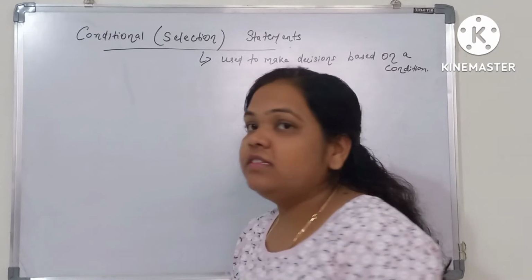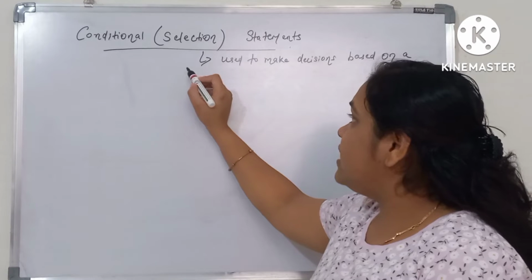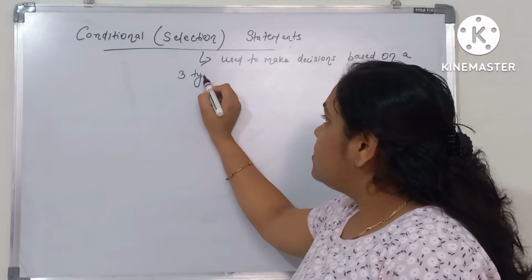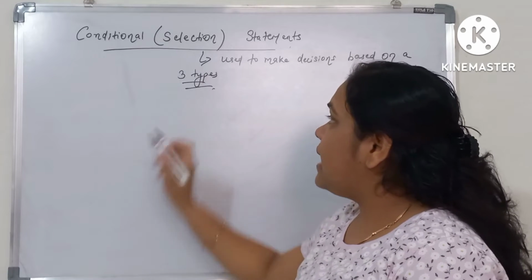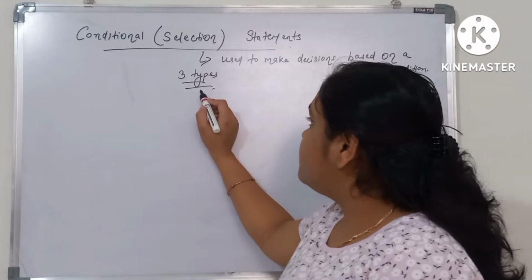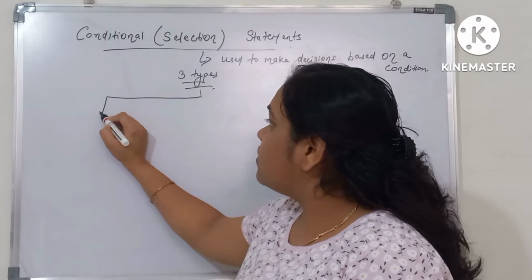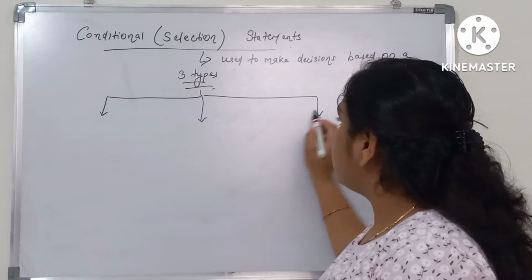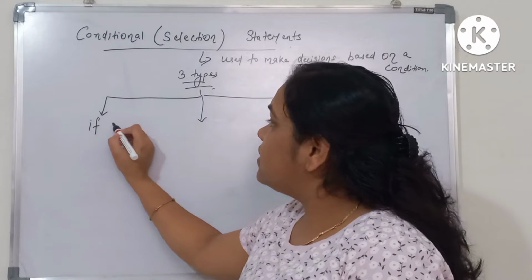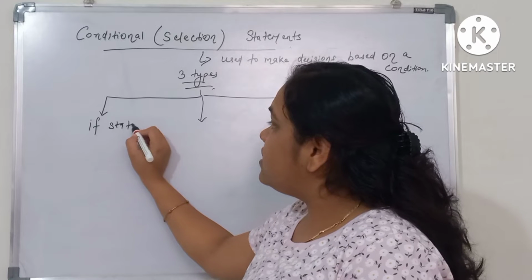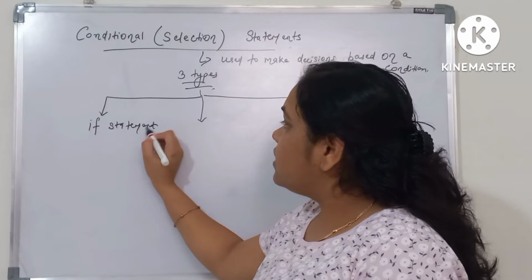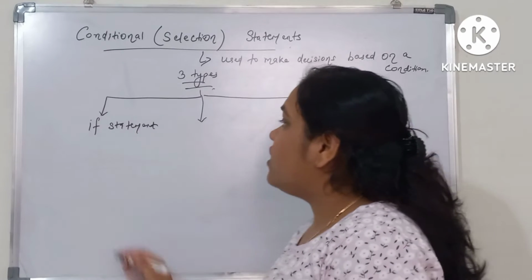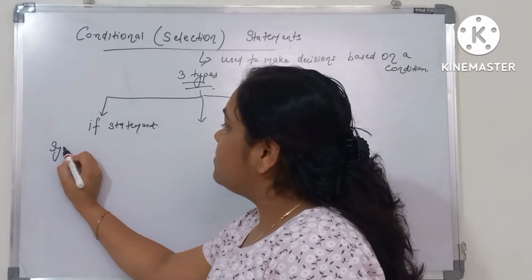And there are three types of conditional statement. Three types. And what are they? First is if statement. Clear?